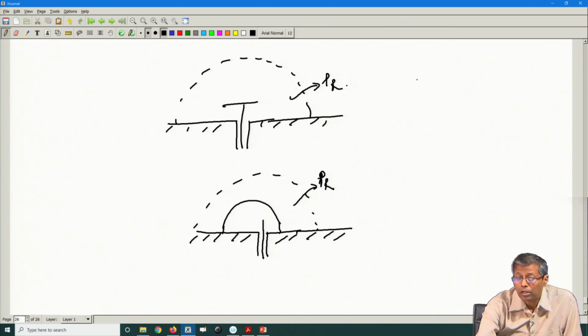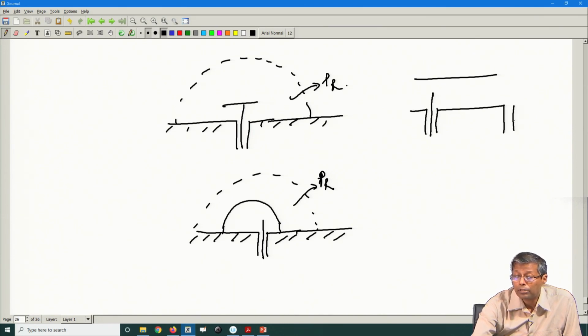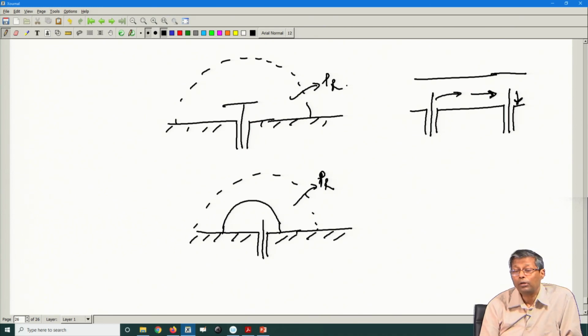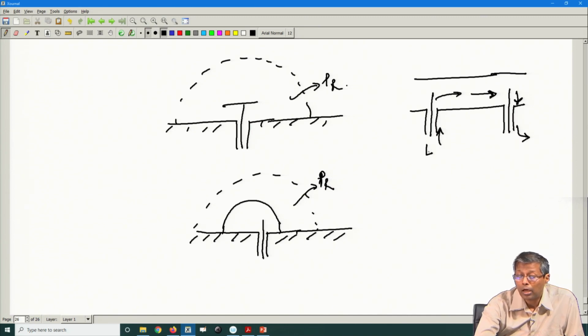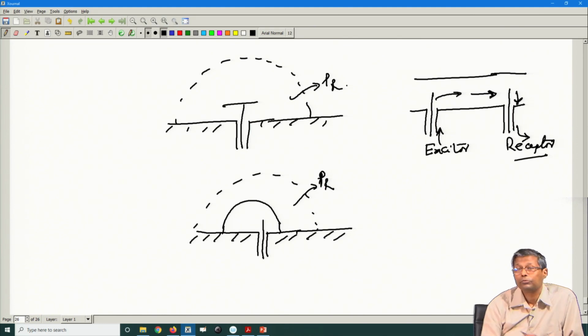In a waveguide scenario, for instance, I am exciting a mode in a waveguide and I have a receptor here. I am collecting the power here. The power is travelling down and this is listening to this wave. So, the electromagnetic energy is coupled here. This is the exciter and this is the receptor or the receiver.